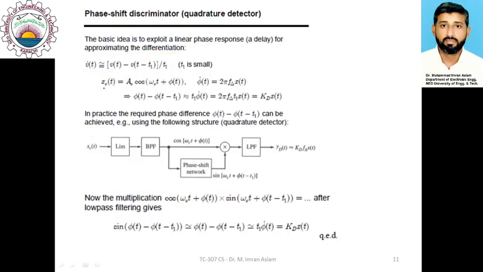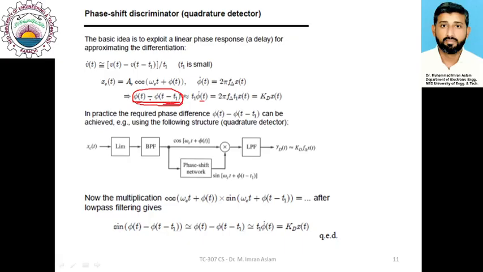So if we have this x_c(t) which is represented by this value, and we want to find f delta, because the derivative of phi(t) is actually related to f delta and x(t). In order to find out this x(t), we need to calculate the derivative of this phase. The derivative of phase would be represented by the expression phi(t) minus phi(t minus T1), which can be approximated as T1 phi dot(t). So we need to calculate this difference, phi(t) minus phi(t minus T1).